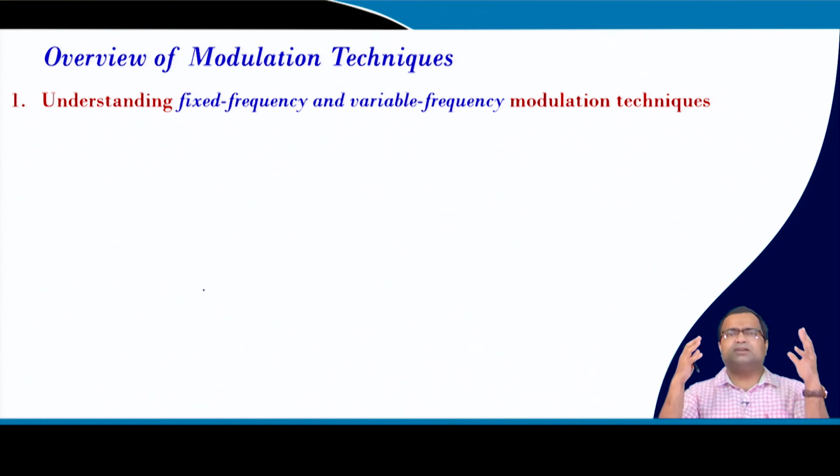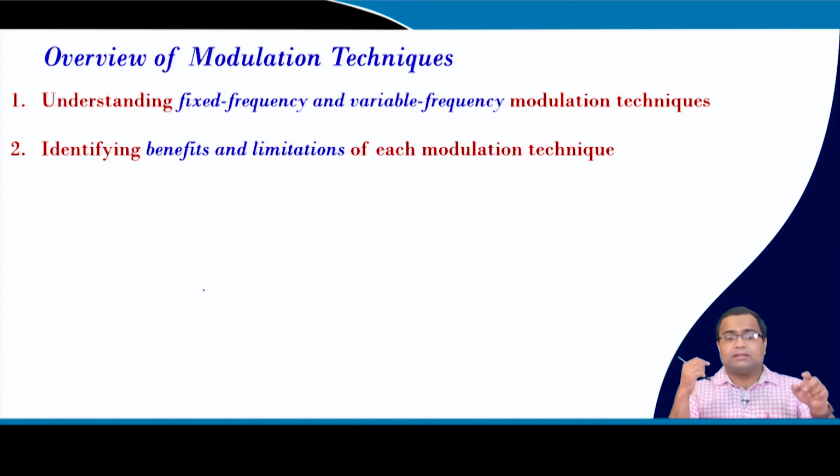In fact, I would say the first two weeks, first week and second week, were completely modulation techniques, and there we understood fixed frequency and variable frequency modulation techniques. Then throughout the course we have understood the benefits as well as the limitations of each modulation technique.